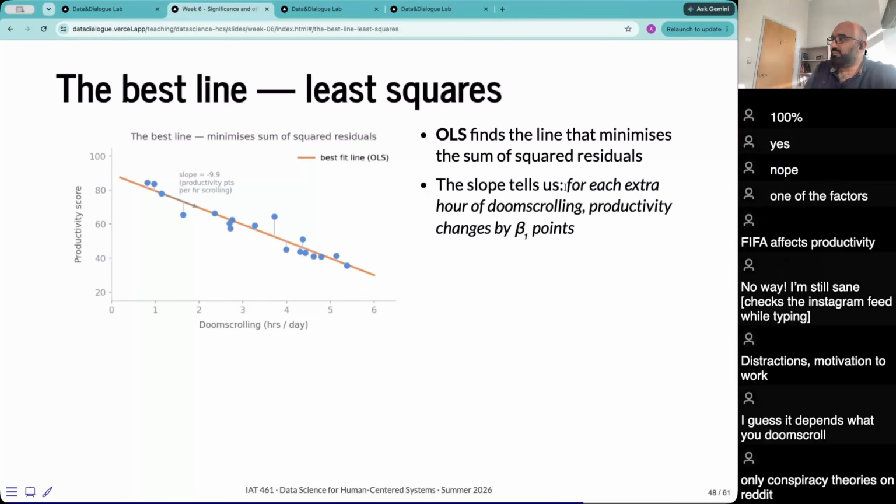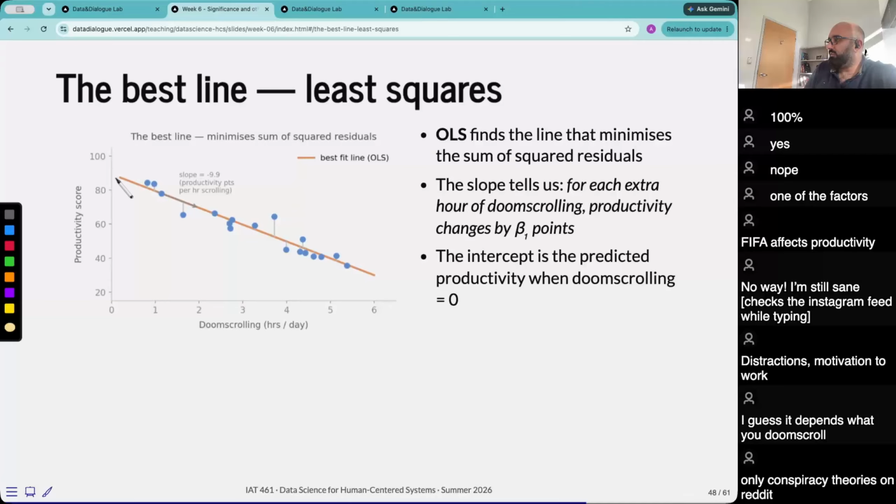The slope tells that for each extra hour of doom scrolling, productivity changes by beta 1 points. That's the slope of this. The intercept is the predicted productivity when doom scrolling is 0. So we need two numbers for a line.